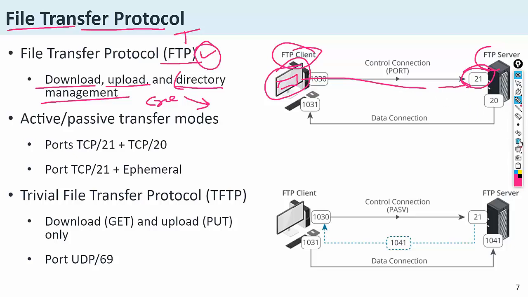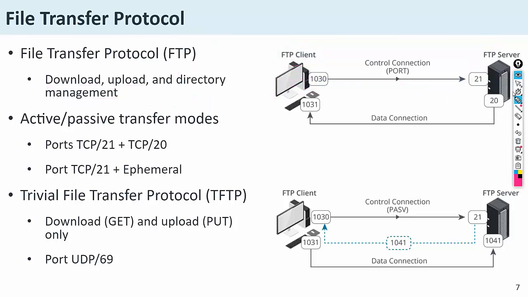There are two types, or modes, that exist at the time of transferring files. One mode is active, another mode is passive. First, the client uses port 1030 and sends a request to the server on port number 21, because port 21 is used by the FTP server.